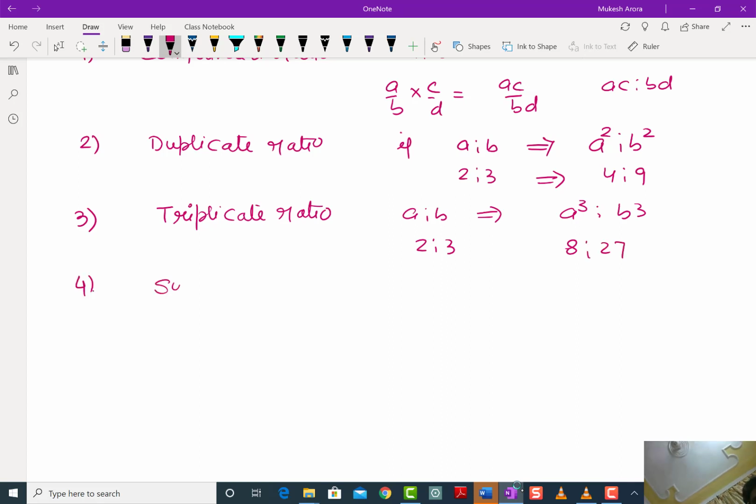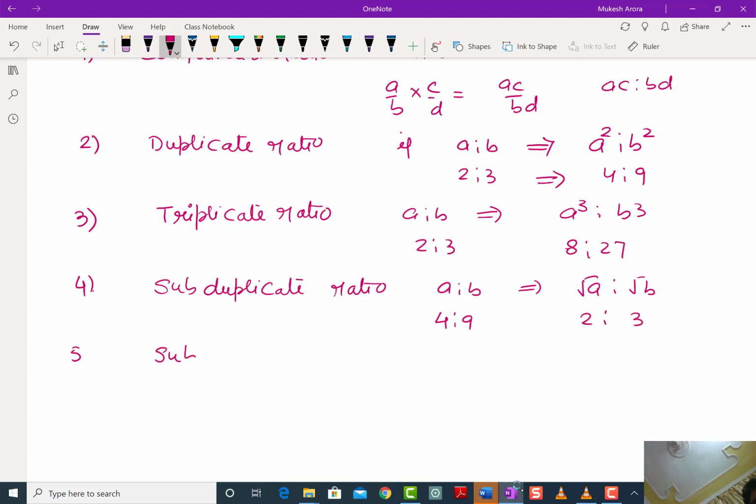Fourth is subduplicate ratio. If it is A ratio B, then the subduplicate will be under root A ratio under root B. Meaning, if it is 4 ratio 9, the subduplicate will be 2 ratio 3.